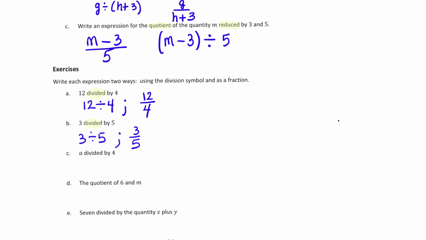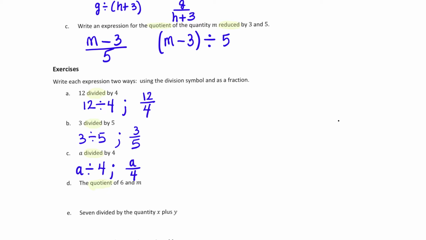Next one. A divided by 4. So we're starting to transition to using variables. A divided by 4, using a fraction, A over 4. So hopefully you get more confident as we go through, because we're going to start using expressions that can be a little more complicated. The quotient of 6 and m. Notice the quotient is a division of 6 and m.